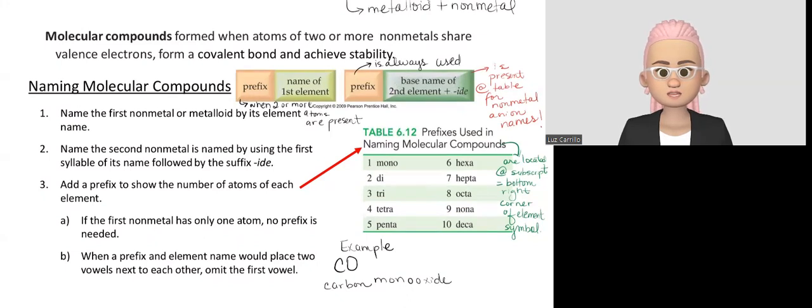Now, as you can see, because our prefix ends in O and our second word is oxide, we must erase the O of the prefix, and then we should make one word.